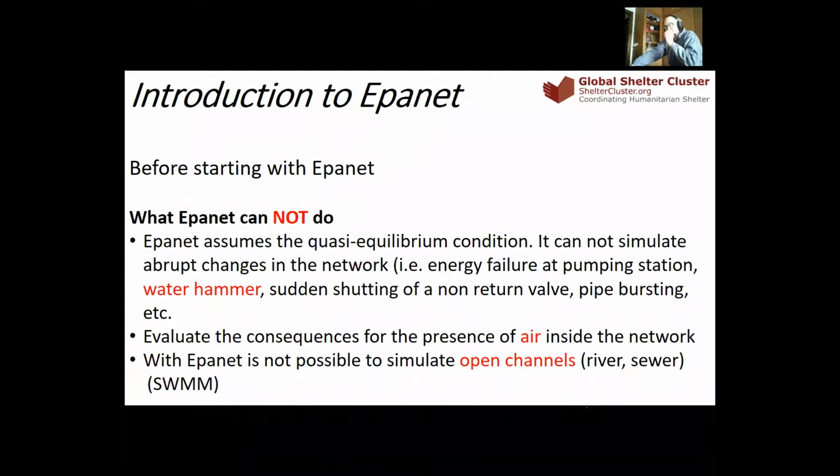Okay, but what can Epanet not do? Epanet cannot simulate open channels. It cannot simulate drainage, and as well, it cannot simulate sudden changes in the water supply, like closing and opening a valve causing water hammer. This you cannot simulate. For that you have other types of software. It cannot evaluate if you have mud or air in the pipe, and that's it.